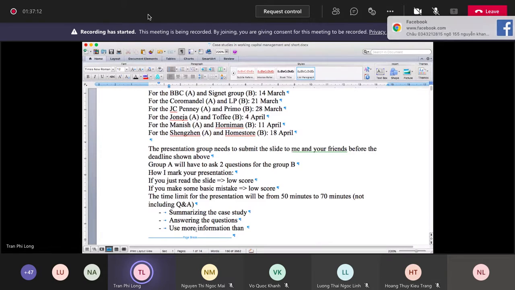You can use information outside the case study. For example, some case studies take information from real life, so if you want, you can use Google and search for information about the company.